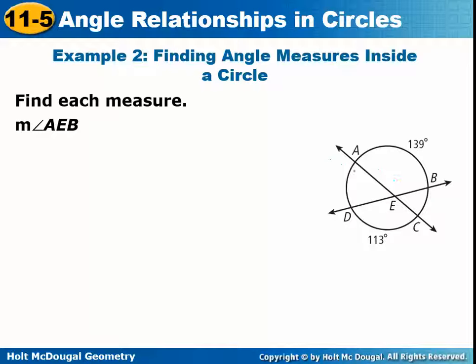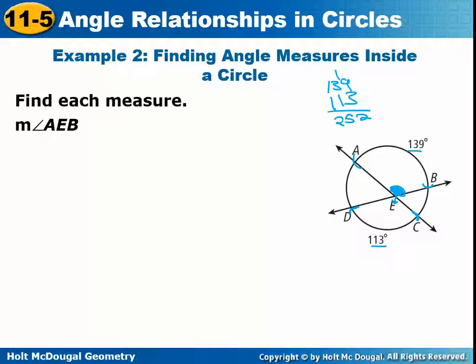Measure of angle AEB. We're looking for this angle. So what we do is we take the measure of the arc that it intercepts, 139, plus, see this one here, intercepts arc DC. We add these two together, and then we take half of that.